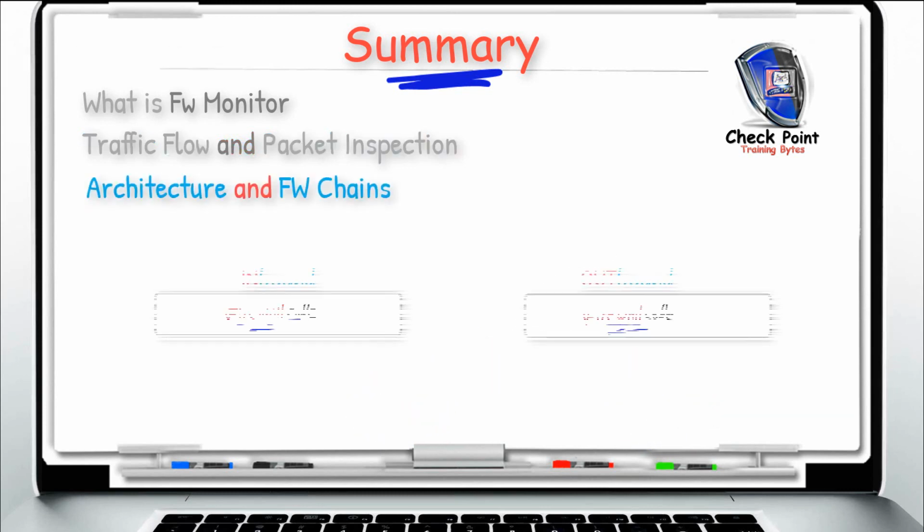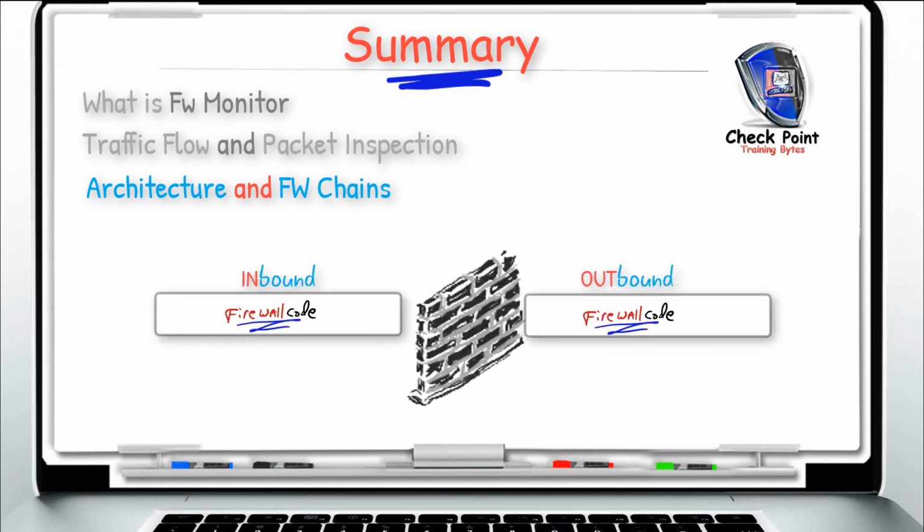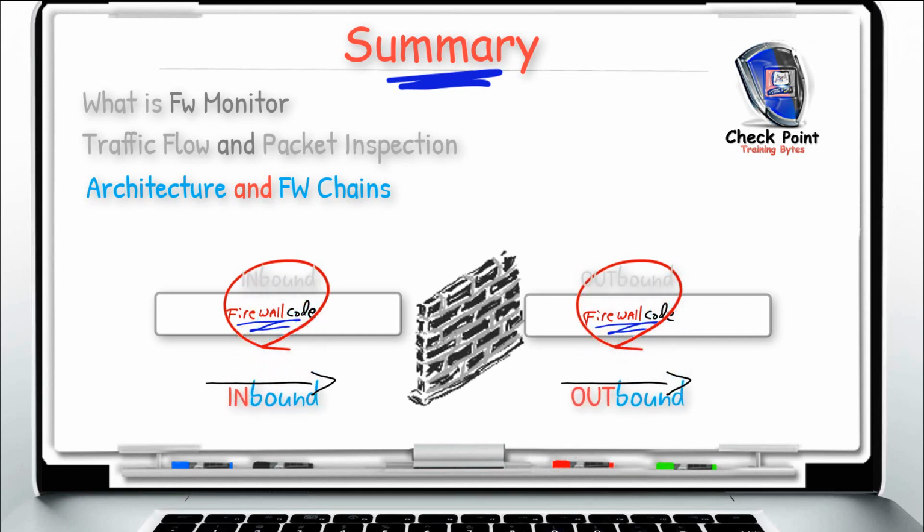Then we talked about the inspection chain, how each and every packet is always processed by the firewall code in each chain, how each packet is processed by the firewall code in the inbound chain, and in turn also processed by the firewall code in the outbound chain, and how each firewall code in the inspection chain will process packets differently in regards to whether they are inbound or outbound packets.